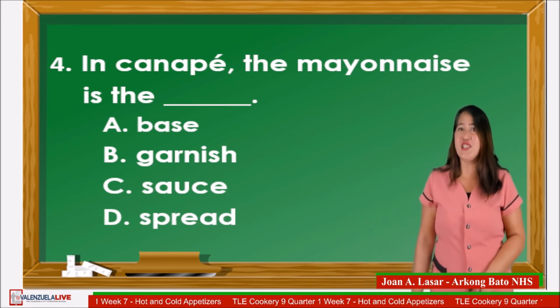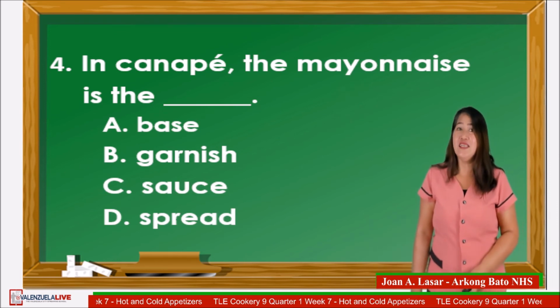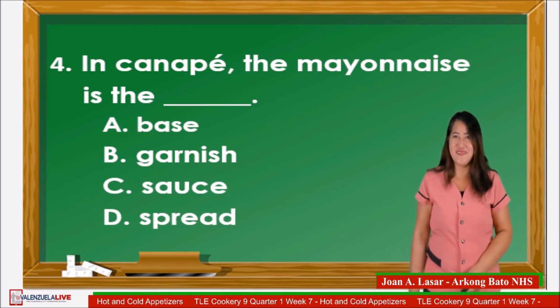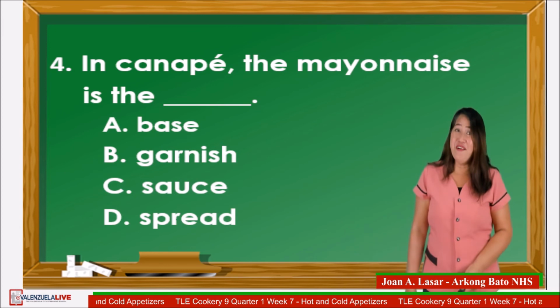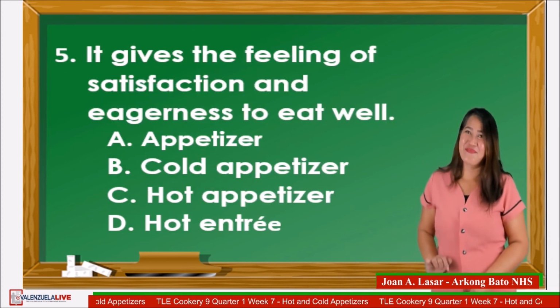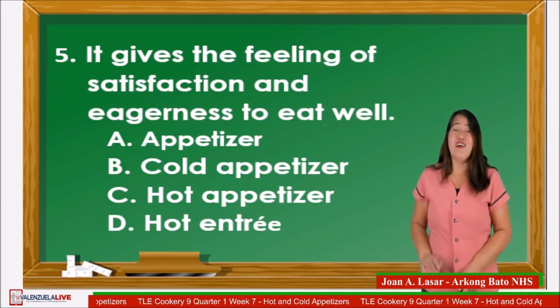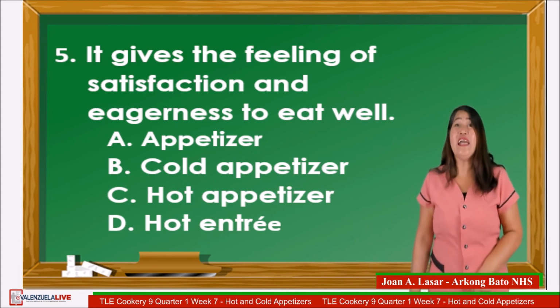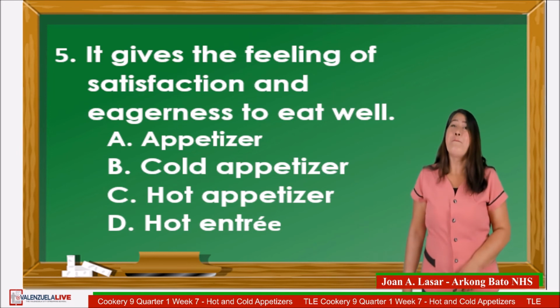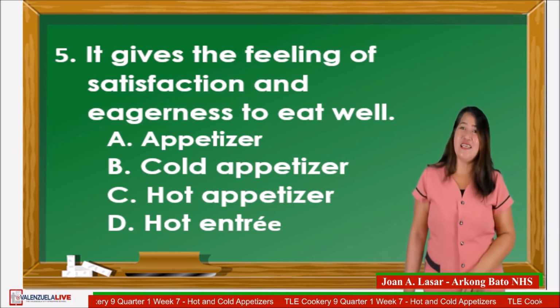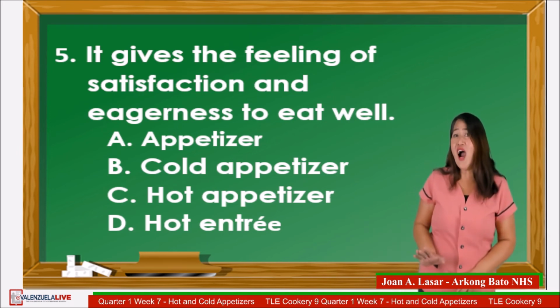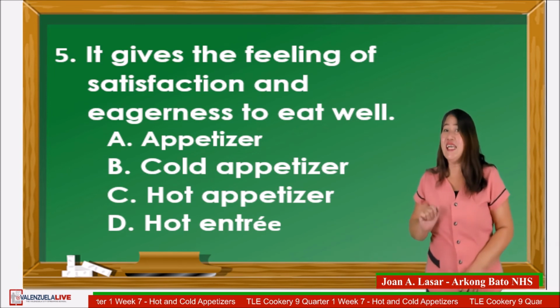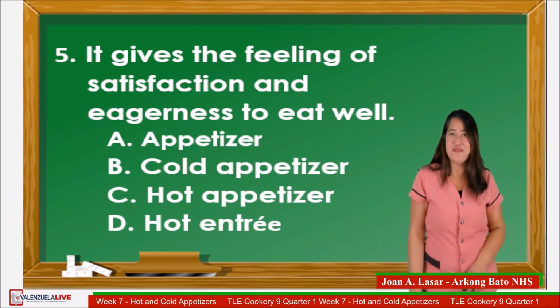B, garnish. C, sauce. D, spread. And number 5. It gives the feeling of satisfaction and eagerness to eat well. A, appetizer. B, cold appetizer. C, hot appetizer. D, hot entree.